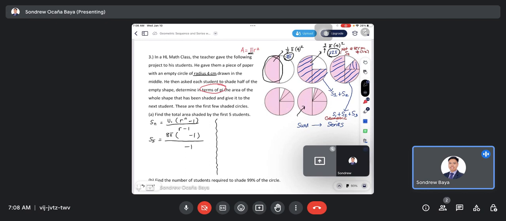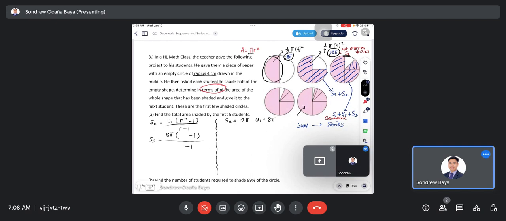Now take note, 12 pi is your S sub 2. Remember, it's your S sub 2, the sum of the total area shaded by the two students. And we have U sub 1 as 8 pi. So we can establish an equation using the formula for the finite geometric series.